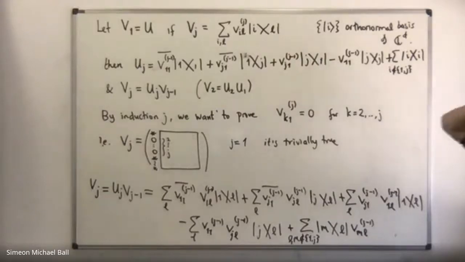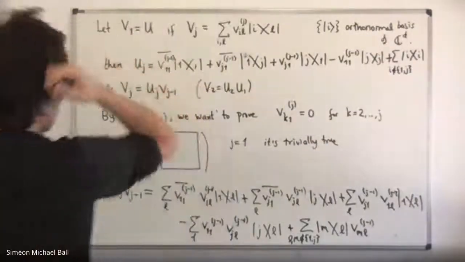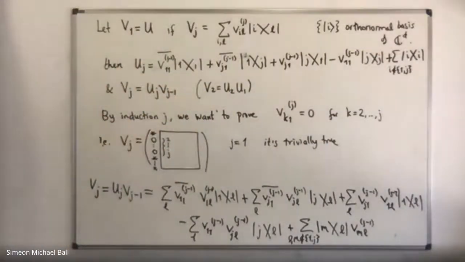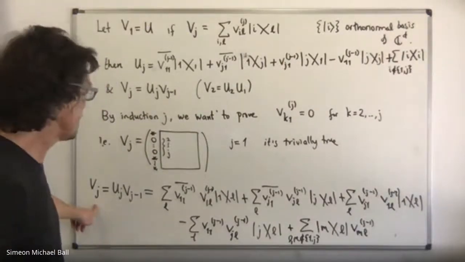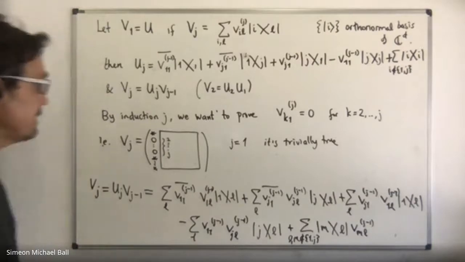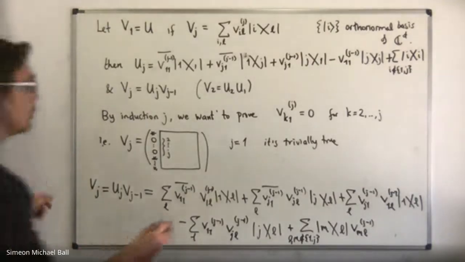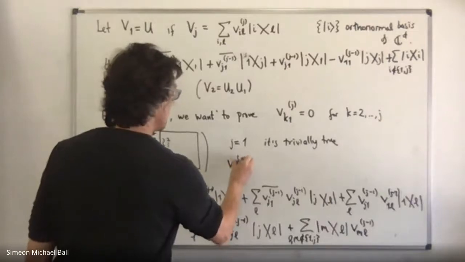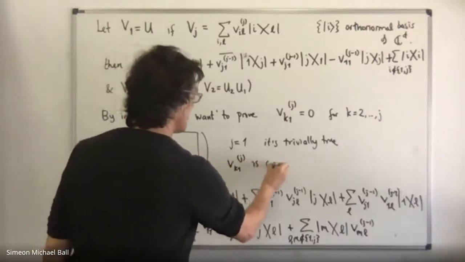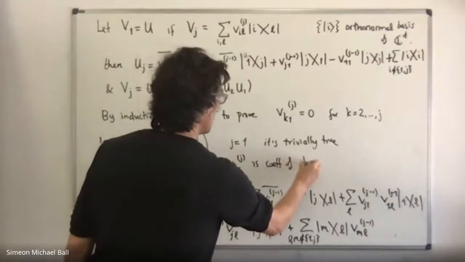And that's it. So now what we need to check is that indeed we have these zeros in the first column. So the VK1J should be 0. So where is VK1? We're looking for the coefficient, so VK1J is the coefficient of J1.